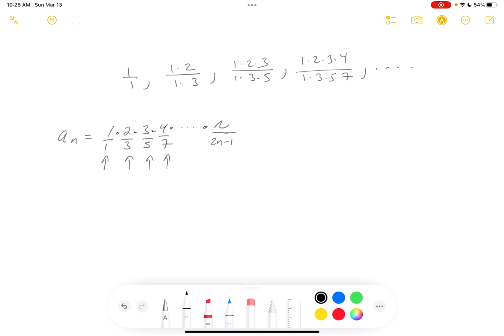So now comes the question: does it compare to something that's easy to compare to? And I would say, yeah. I'm looking at it, and I'm going to say this is definitely less than something raised to the n minus 1 factors. Let me just see if I got that right.